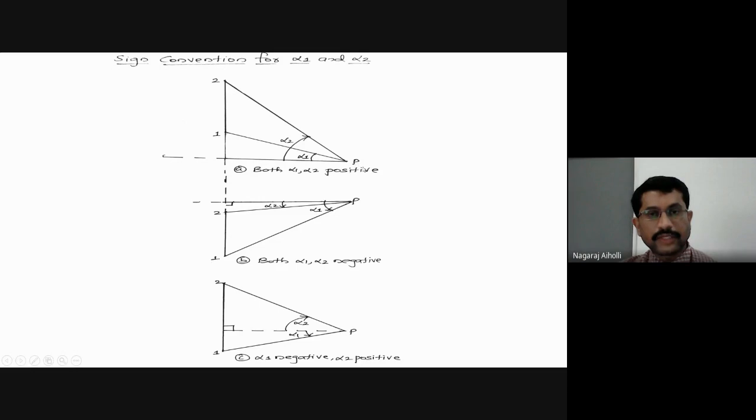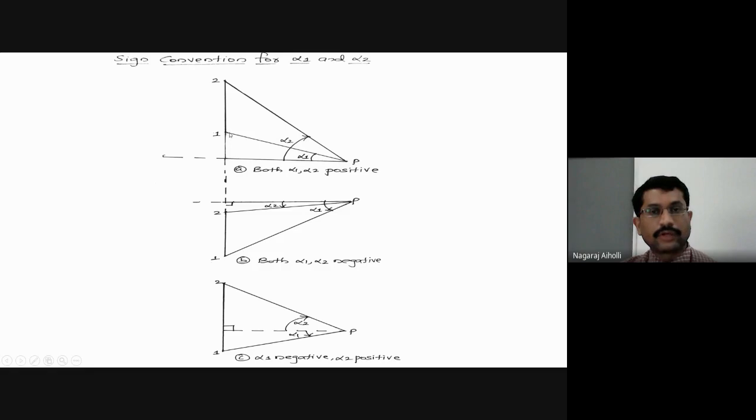This is the point of interest P. This is the lower end of the conductor, say it is at point 1, and the higher end of the conductor, say it is at point 2. The angles subtended by the lower end and higher end are alpha 1 and alpha 2. In this figure, both the lower end and the upper end of the conductor are above the point P of interest, and hence the angles subtended by point 1 and point 2 will both be positive.